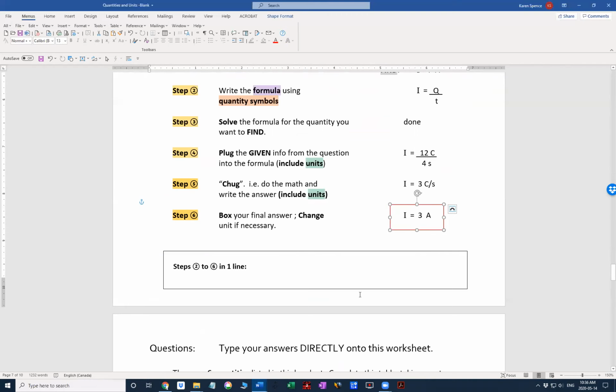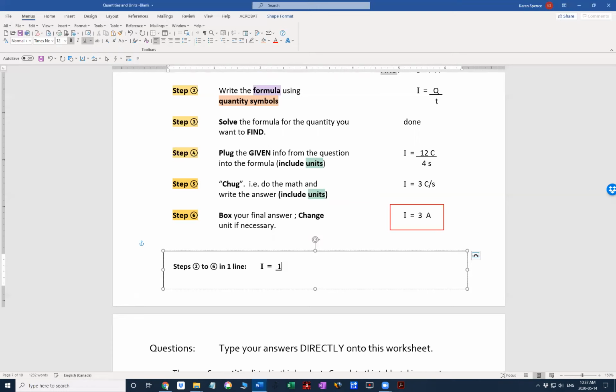Okay. Let's just see what it would look like quickly if we were to do it all in one line. So we would have I. Let me make this Times New Roman. I is equal to, if anyone's interested in how I type these things, I type Control U to underline, and then I usually give myself like 1 space, even though you can't see the underline, it will start.